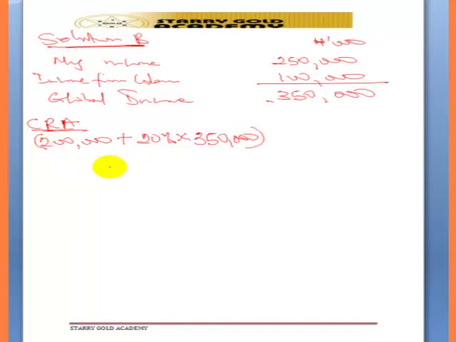So this one will give us 70,200,000, and when we deduct it, we have 279,800,000 as the chargeable income.